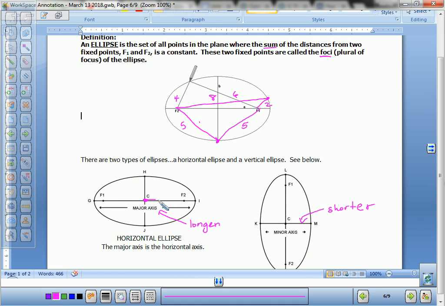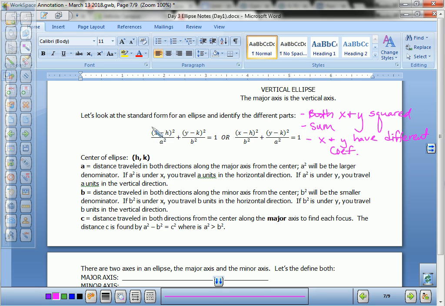Do you see the distance from here to here is longer than from here to here? So when we stretch it out one way or the other, if we took a circle and we stretched it, we're creating an ellipse, okay? So instead of having the same coefficients, these are going to have different coefficients.